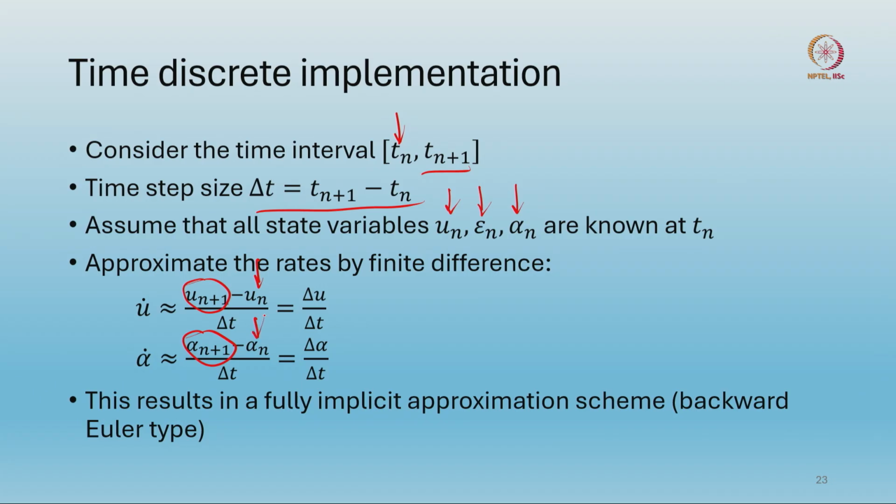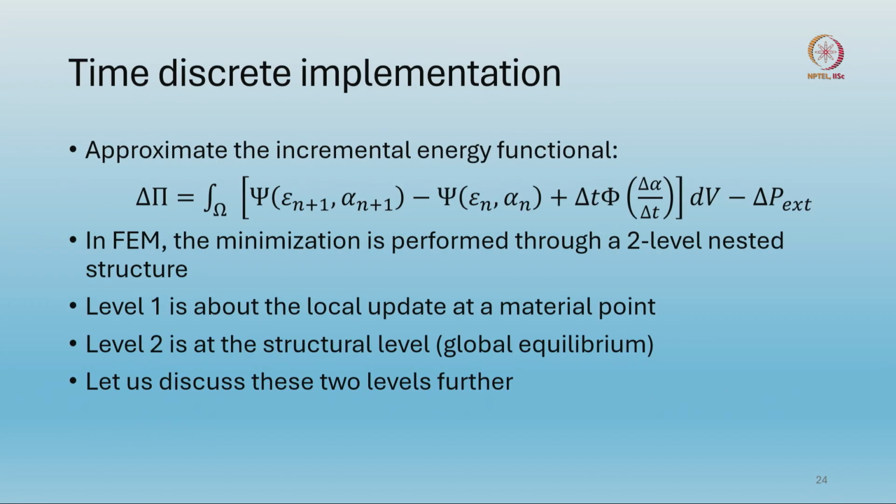At Tn you assume that everything is known. So this will result in a fully implicit approximation scheme of the backward Euler type, which we will be discussing in the next class.